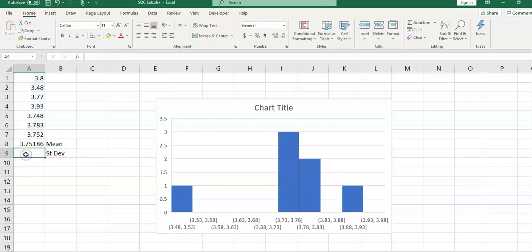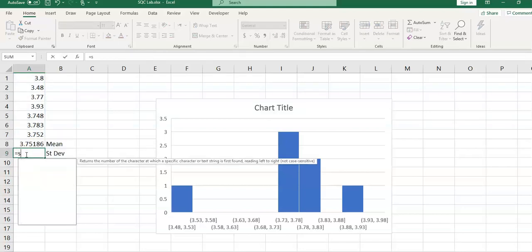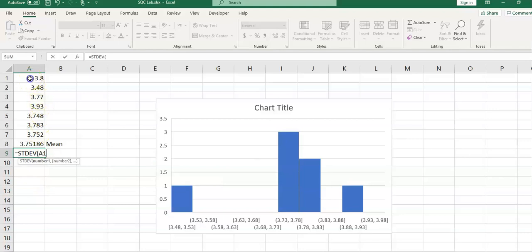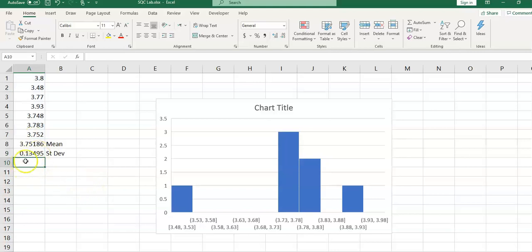And for the standard deviation, STDEV. Now I have mean and standard deviation.